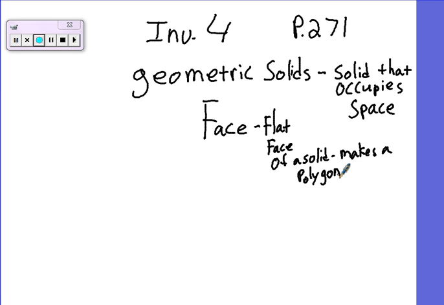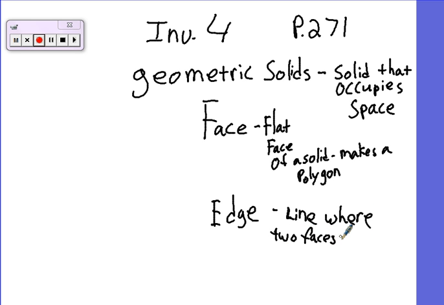An edge is the next one. An edge of a geometric solid is where 2 faces meet. It's the line where 2 faces meet.